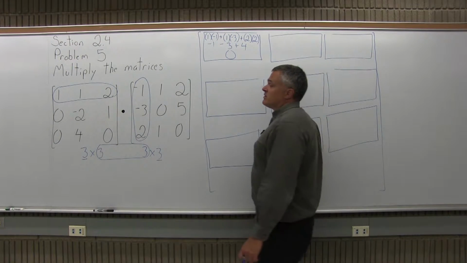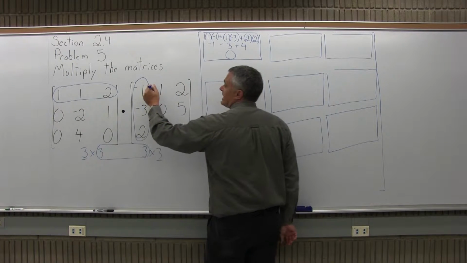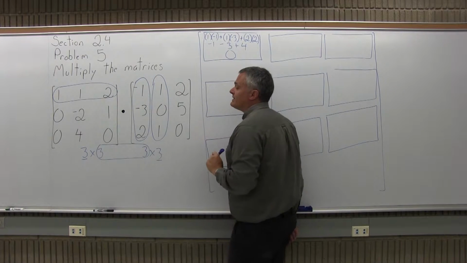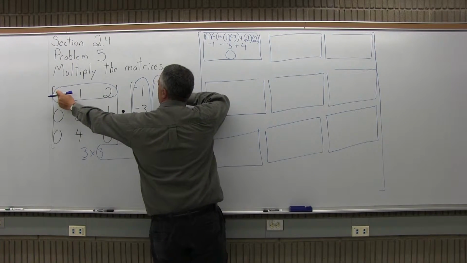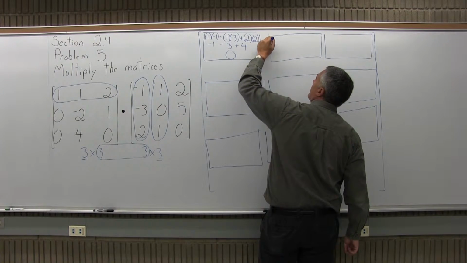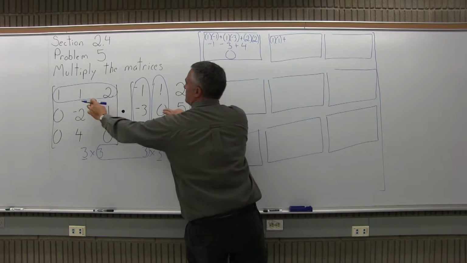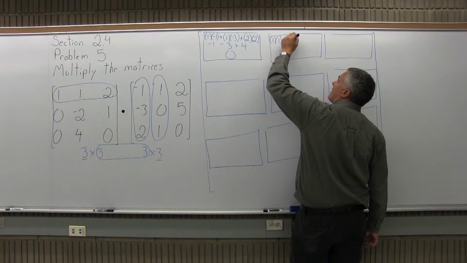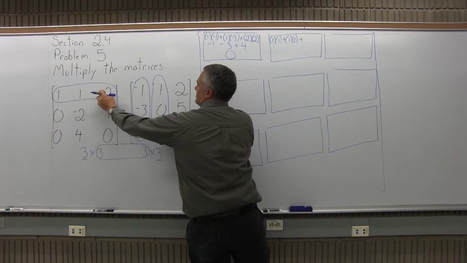So now the next box over, I'm going to get from multiplying the top row of the first matrix, 1, 1, 2, times the middle column of the second matrix, 1, 0, 1. So to do that work, first times first will be 1 times 1, plus middle times middle is 1 times 0, and then last times last will be 2 times 1.